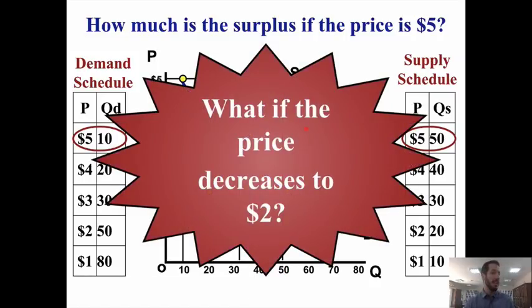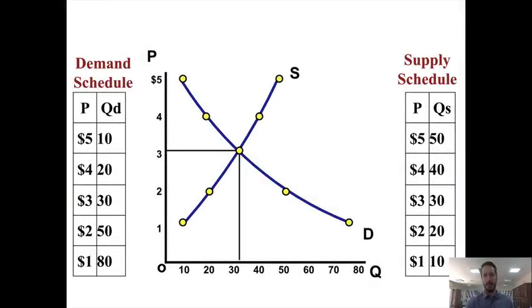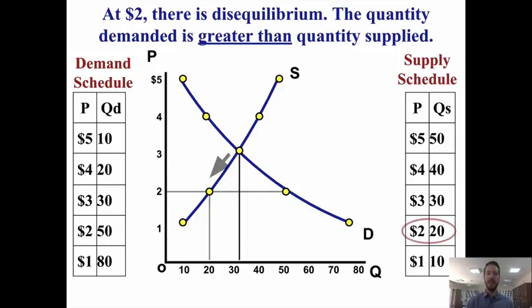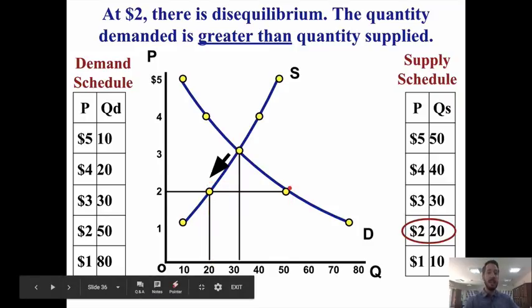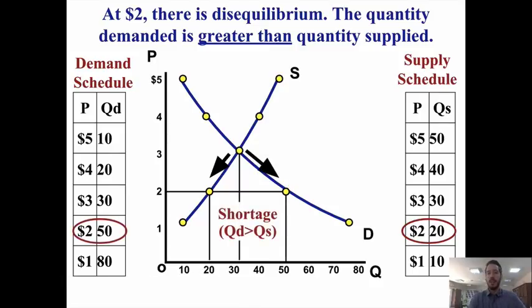What if the price decreases to $2? How does that affect the market? Well, at $2, you also have disequilibrium because the supply for cereal at $2 is 20, but the demand is 50. So a lot of people want that cereal, but there's not a lot in the market. So you would have a shortage.